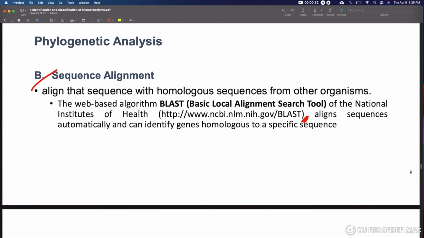Essentially, it aligns sequences automatically. Thus, it can identify genes and compare different sequences from their database based on percent homology or the number of hits, for the sequence that you provided to their vast database.